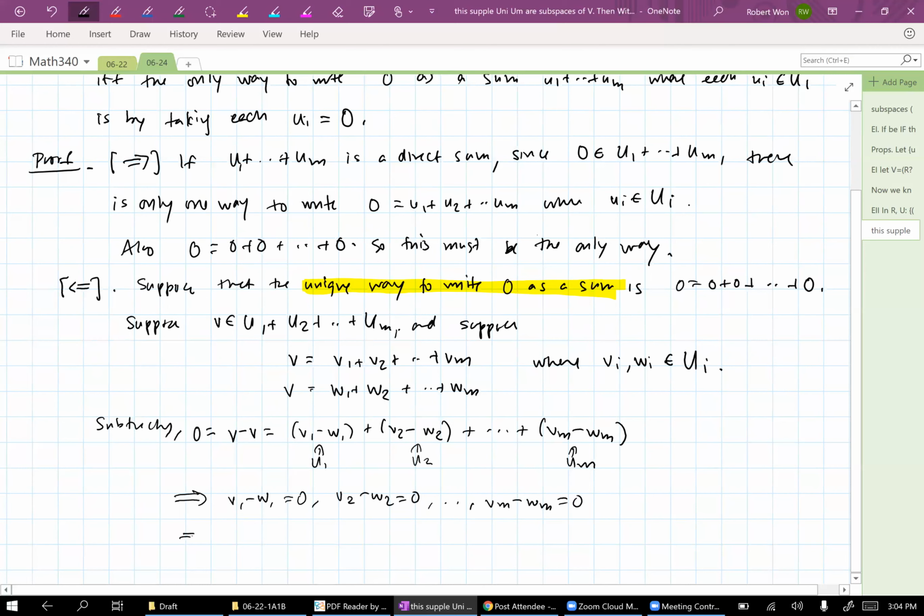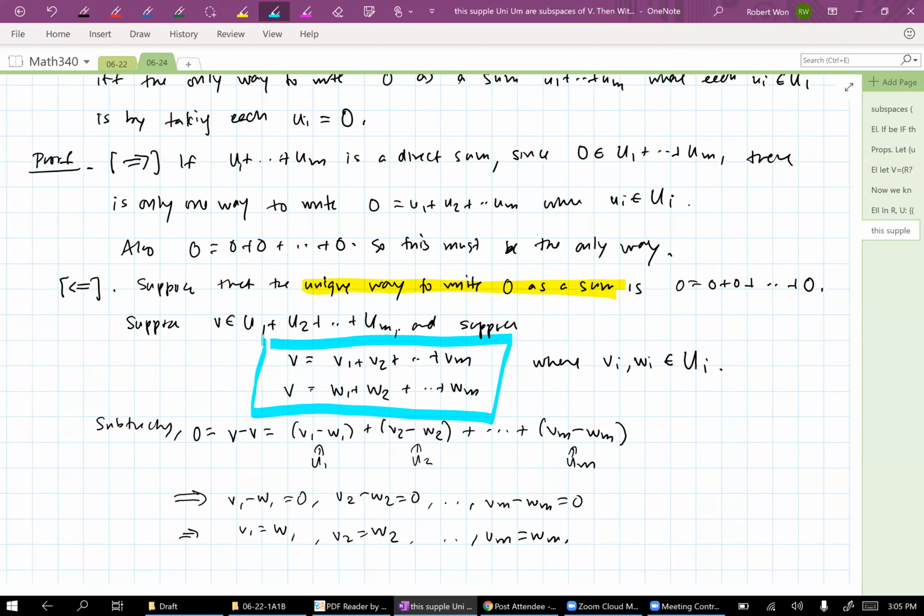Right, which is just the same thing as saying that v1 equals w1, v2 equals w2, up to vm equals wm. Right? So that means that these two ways that I had to write v, those are actually the same way because each of the vectors in the sum is the same. So this shows that if there's a unique way to write the 0 vector, there's actually a unique way to write every vector in the sum.